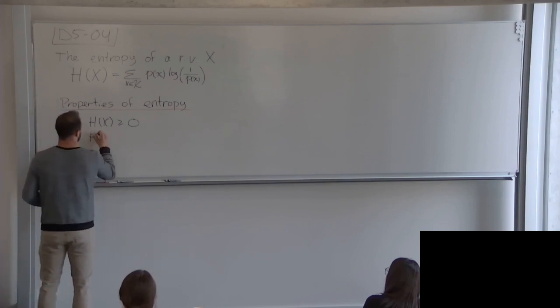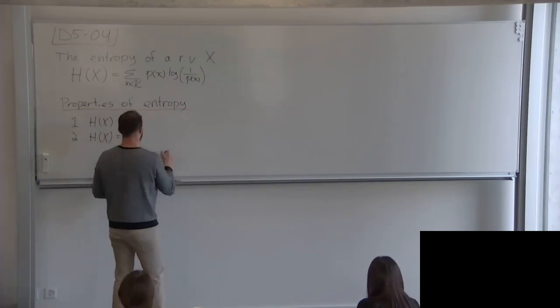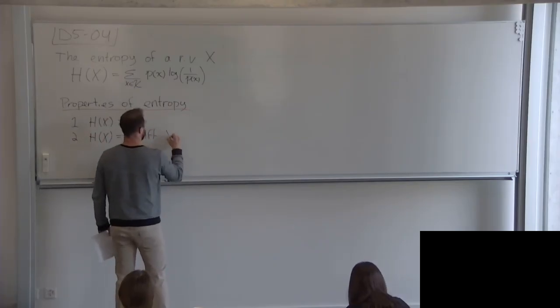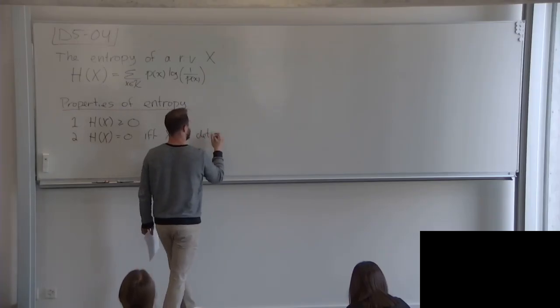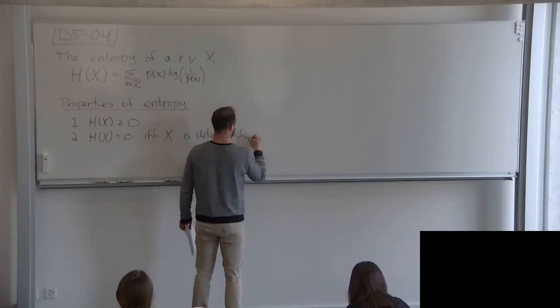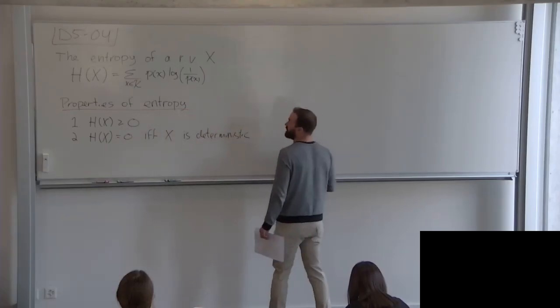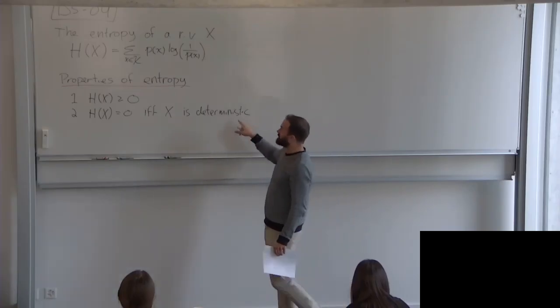Second, the entropy of the random variable equals 0 if and only if x is deterministic. That would mean that x is deterministic.